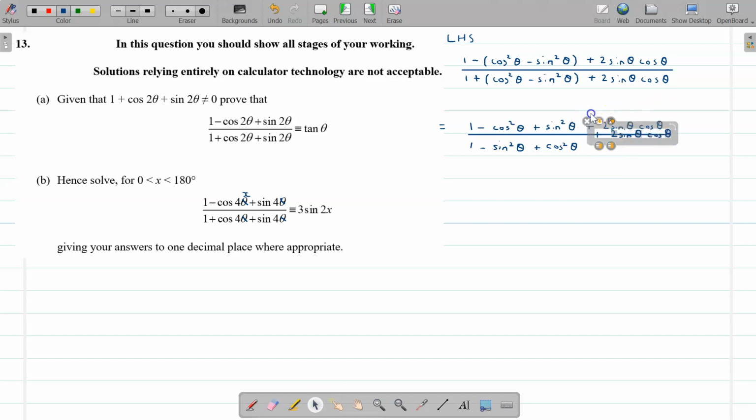Okay, so that's going to go at the bottom there as well.